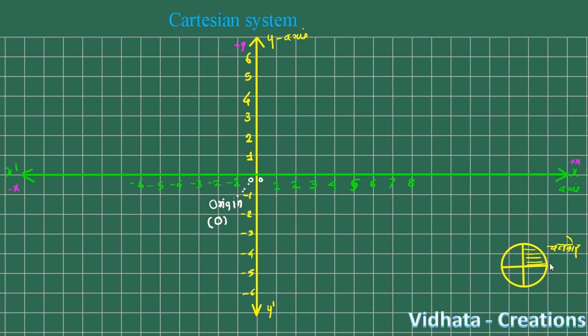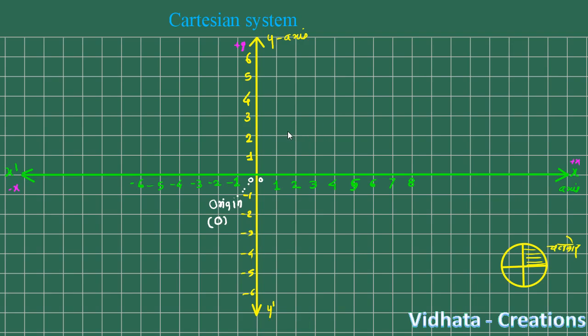Likewise, in English, there are 4 parts of the Cartesian system, and these 4 parts are made by these 2 perpendicular axes. These 2 perpendicular axes divide the plane in which they lie into 4 equal parts.